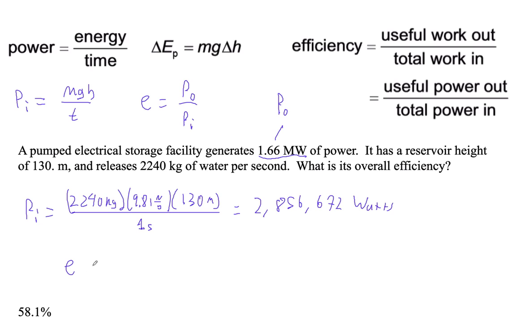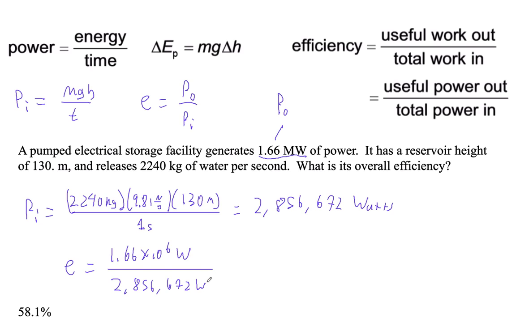So the efficiency is output, which is 1.66 megawatts, right? Divided by, so this is output divided by input.